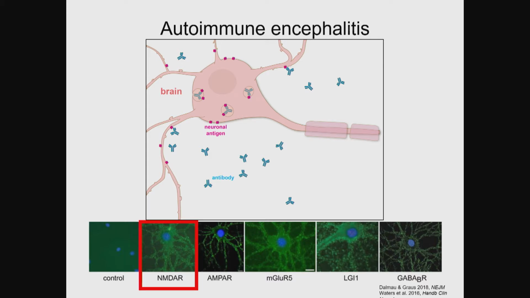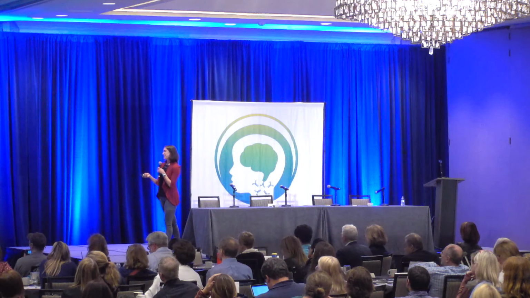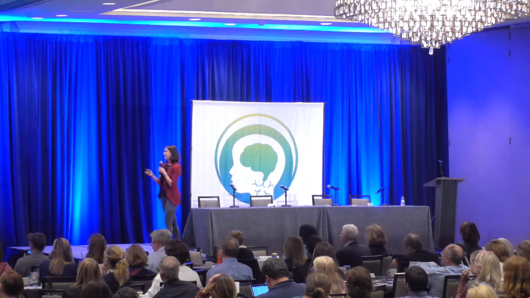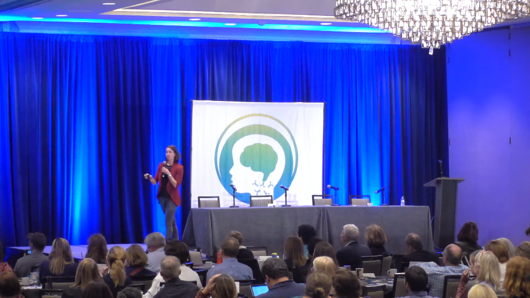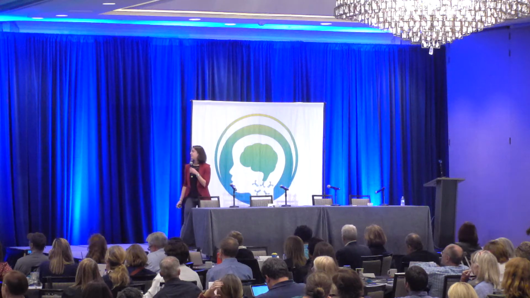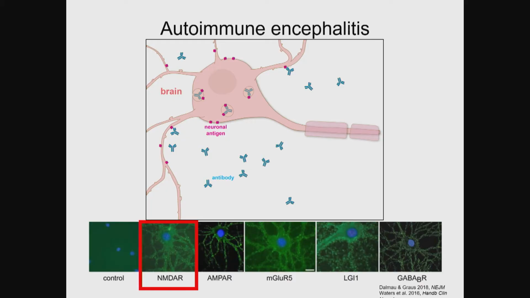You can see that these antibodies, when they're allowed to react with neurons in a dish, react very strongly and tightly bind onto their targets on the neuron surface. The most well-described autoimmune encephalitis targets the NMDA receptor, which is heavily implicated in memory formation. As a result, these patients typically don't remember any of their disease course.